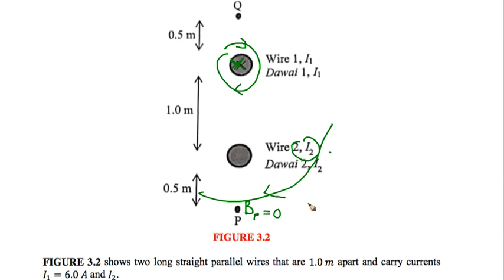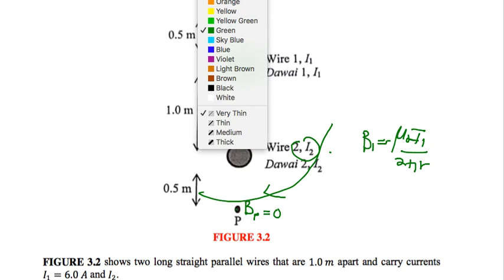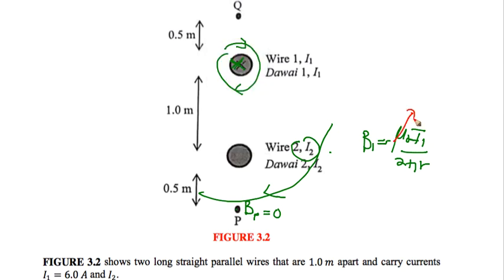Now B, because of current I1, let's say this is B1. The equation to calculate B is B = μ0 I1 divided by 2πR, where R is the distance. The value of μ0 is a constant, 4π × 10^-7, right?